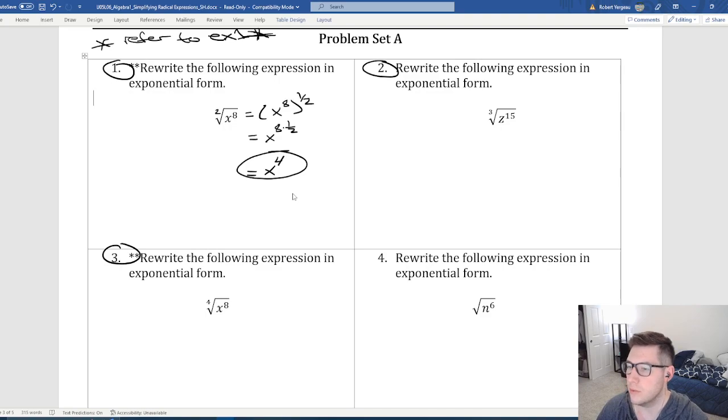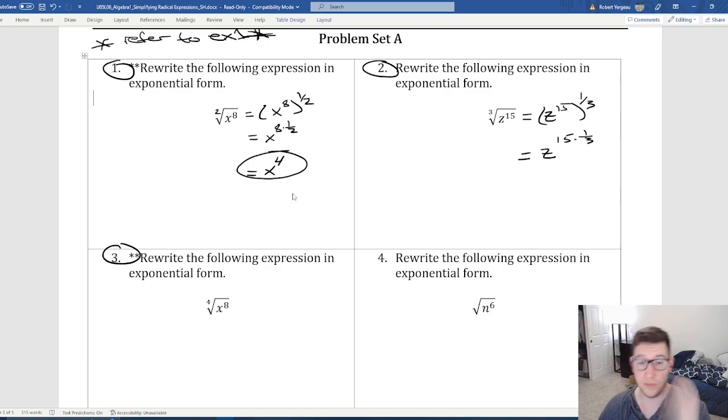Number 2, and to an extent even number 3, the indices are already named for us. And so I don't have to write anything in. So I get to jump right into step 2, rewriting this as a fraction, z to the 15th to the 1/3 power. Again, applying power of a power, 15 times 1/3.